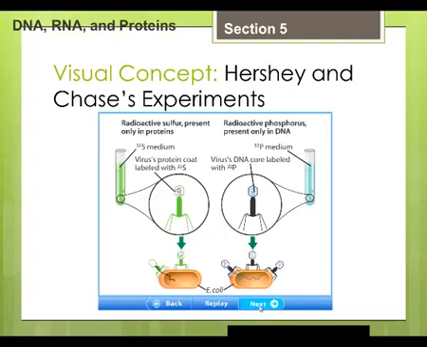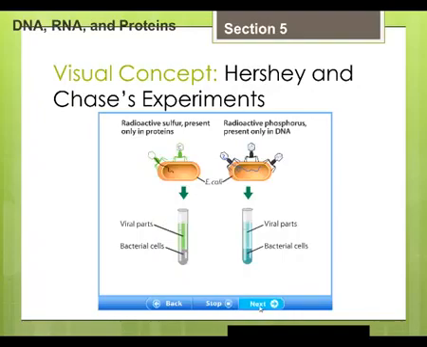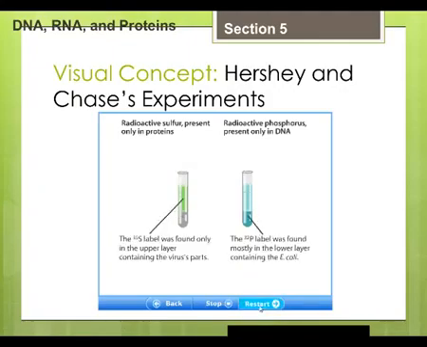The infected E. coli cells were mixed in a blender. The lighter viral parts remained in the top layer of the mixture. The heavier bacteria cells sunk to the bottom. The radioactively labeled sulfur remained only in the upper layer containing the virus's parts. This meant that the protein was not injected into the bacterial cells.